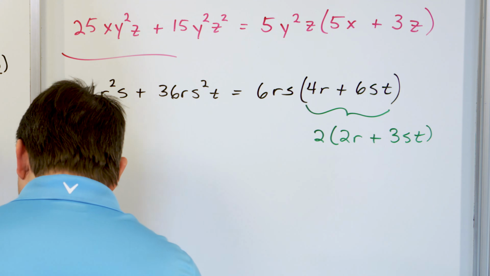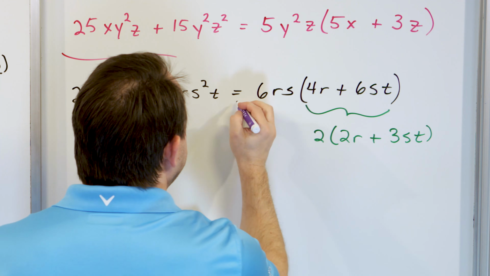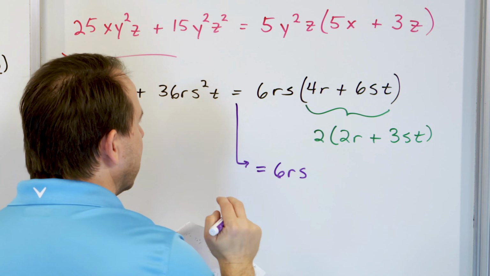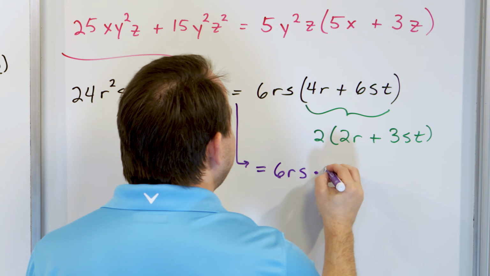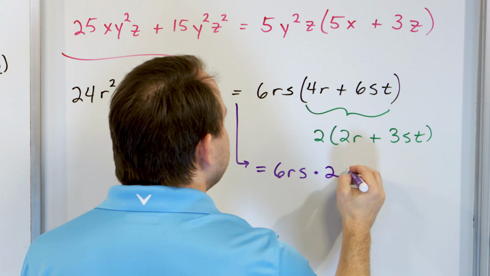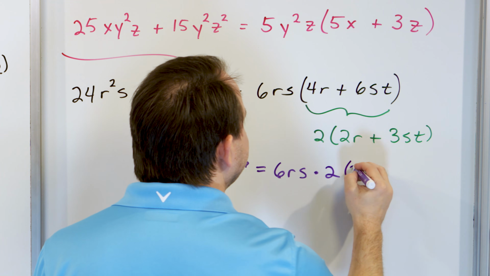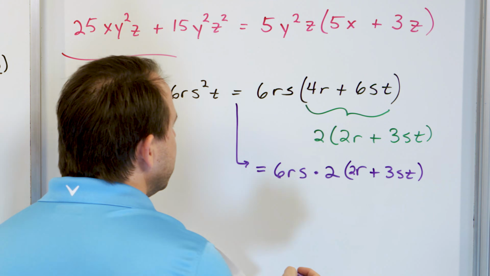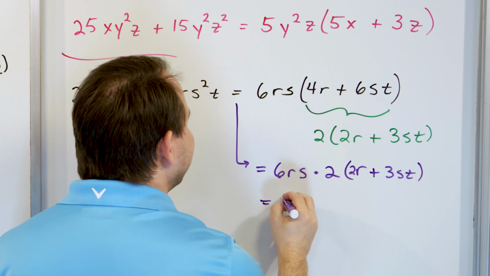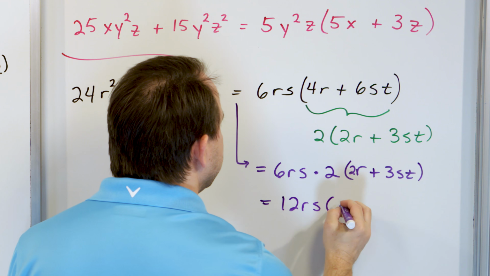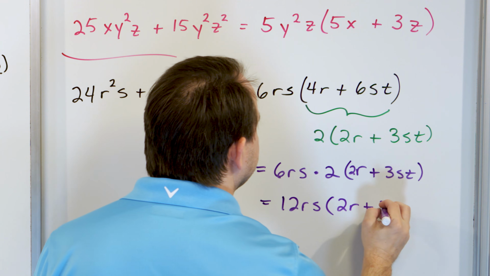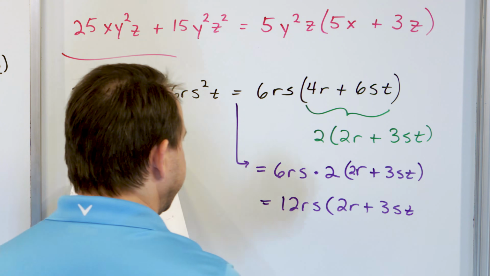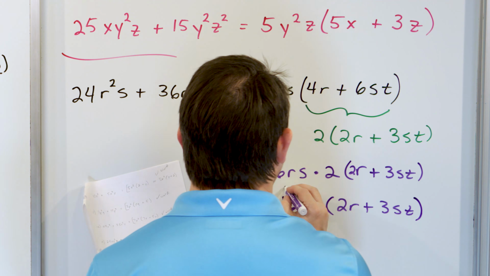So then to write your final answer, you're going to have the 6rs from before, multiplied by what you got here, 2 times 2r plus 3st. So 6 times 2 is 12, rs, 2r plus 3st. So 12rs, 2r plus 3st. That's the correct answer. That's the final answer.